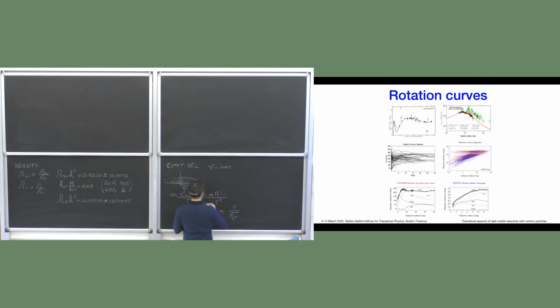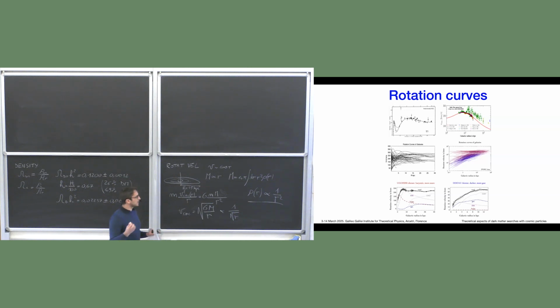So in order to do this, the mass should be proportional to the radius. The mass is equal to 4 pi integral dr r squared rho, the density. So if the mass should be proportional to r, this means that the density should be inversely proportional to r squared.